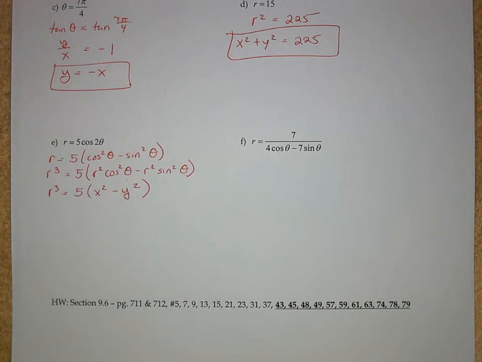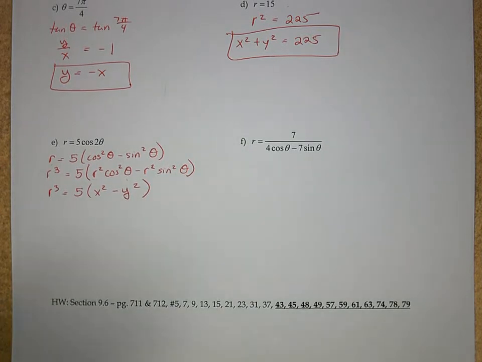Well, then you're going to run into the same issue that we talked about on the previous problem where I've got this extra r there, but no cosine or sine to simplify it down. So I need to somehow write this in terms of r squared, but still have it be r cubed. So what is r cubed in terms of squares?